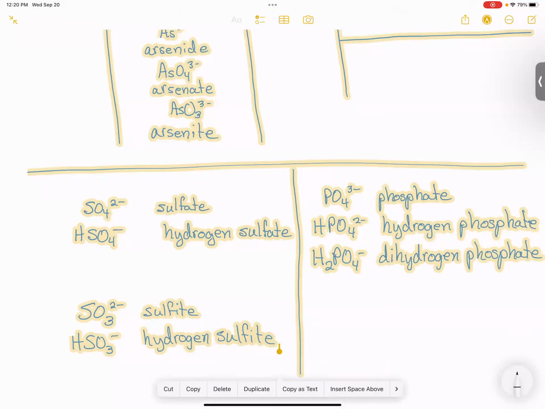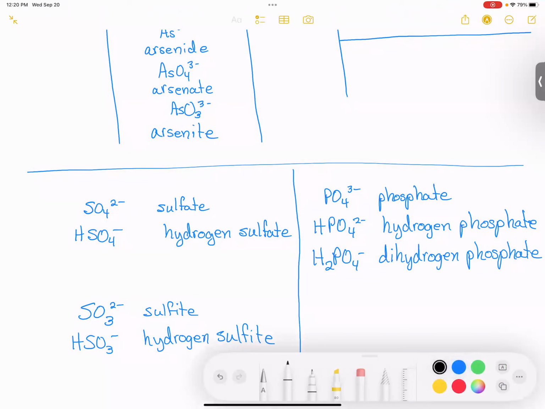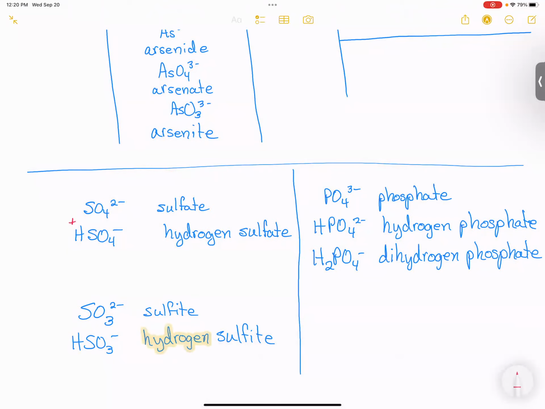Group 1 is a +1. If hydrogen's a +1 and sulfate is a -2, then when we add them together, you get a -1. And that's where that charge comes from.